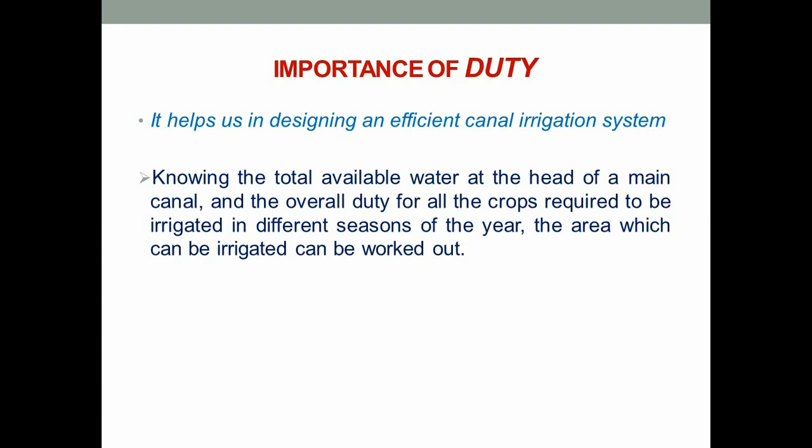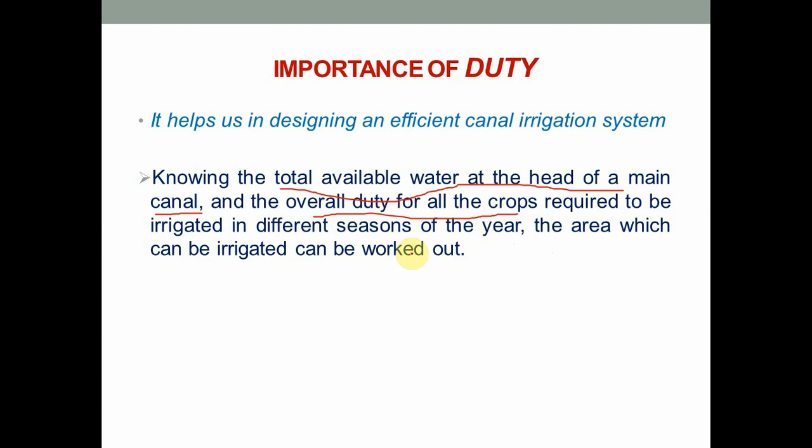Now, first point: if we know the total available water at the head of a main canal, and the overall duty for all the crops required to be irrigated in different seasons of the year, the amount of area which can be irrigated can be worked out.